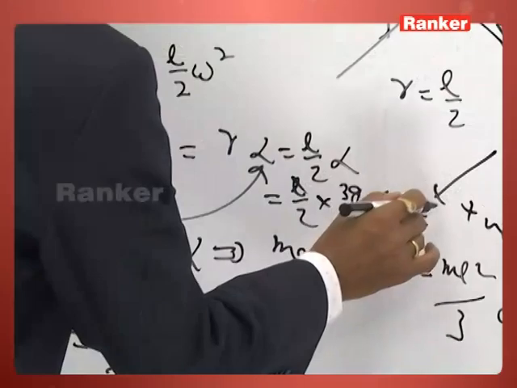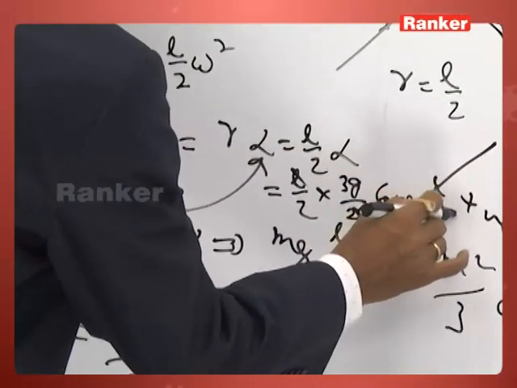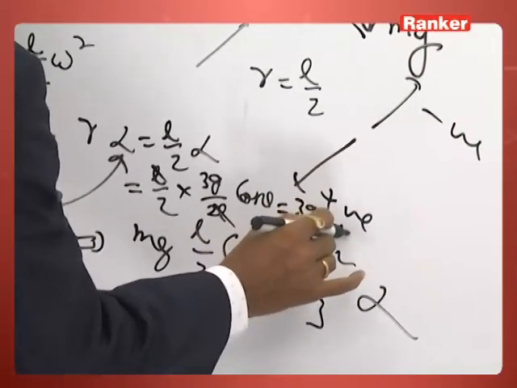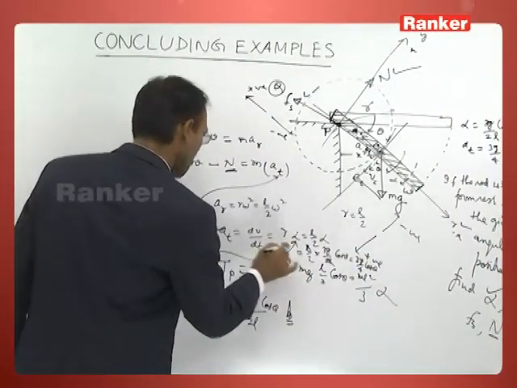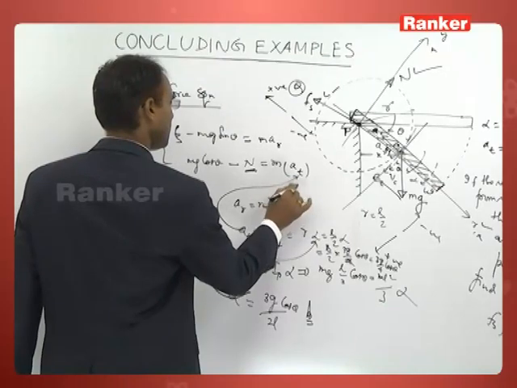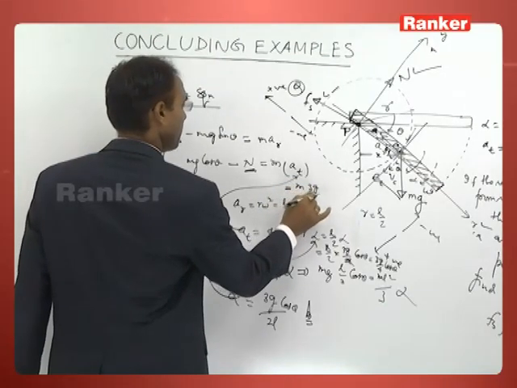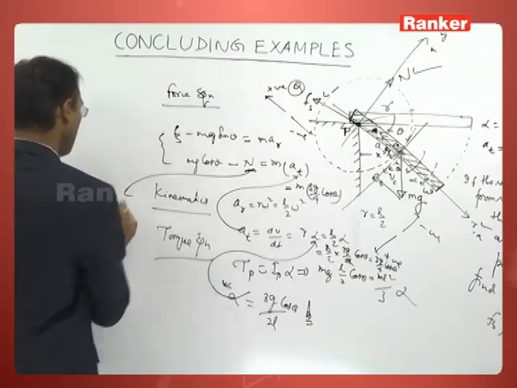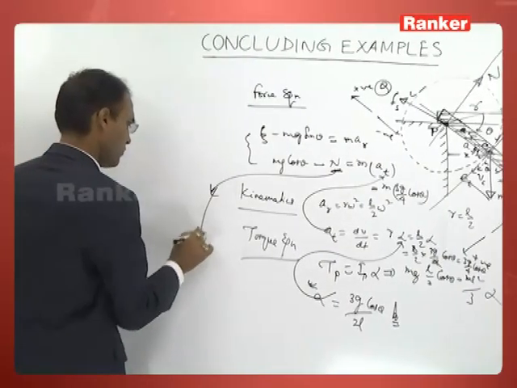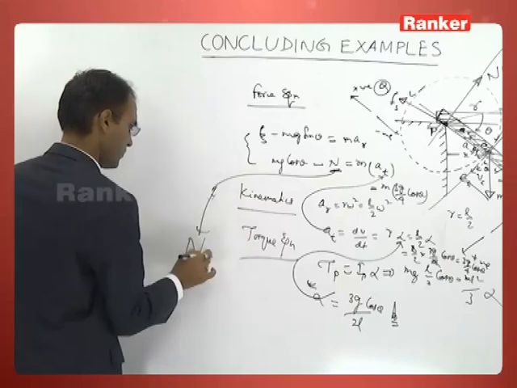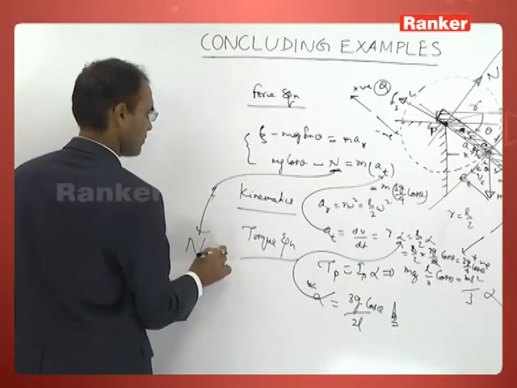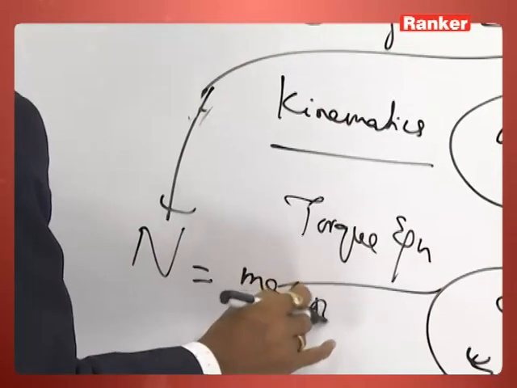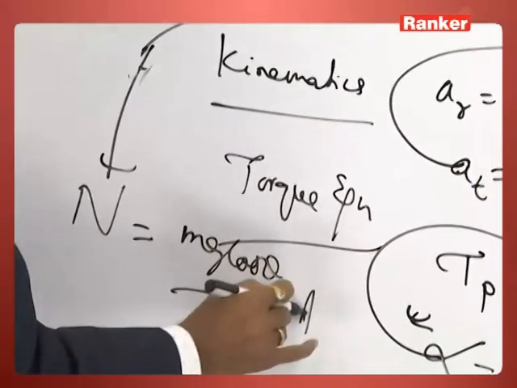So at is equal to 3g by 4 cos theta. You substitute at here to get m into 3g by 4 cos theta. Then you are getting the value of N is equal to mg cos theta by 4, answer.